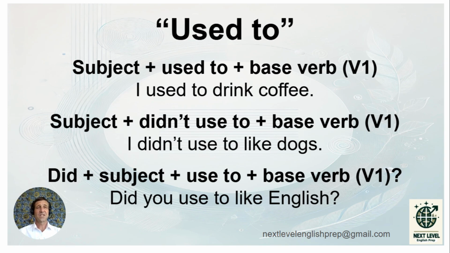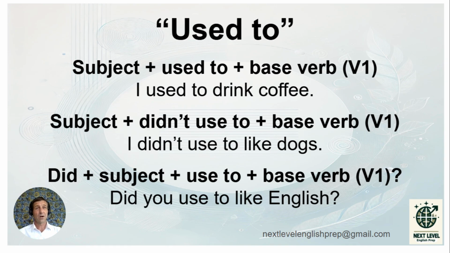In positive sentences, used to is followed by the base form of the verb, or verb 1. I used to drink coffee. In questions and negative sentences, we use the base form of use to, since the auxiliary verb did, or didn't, is in the past.